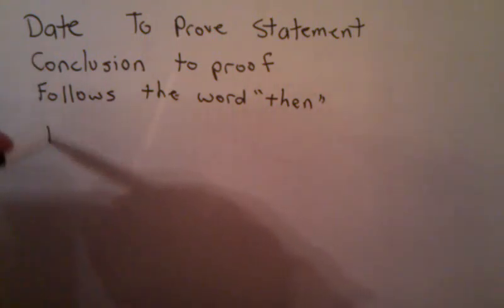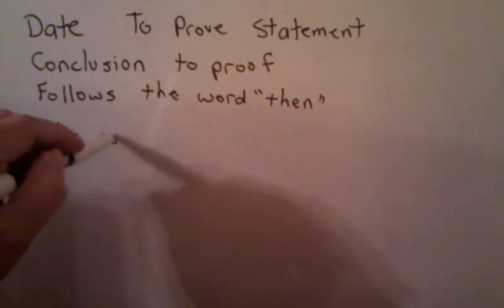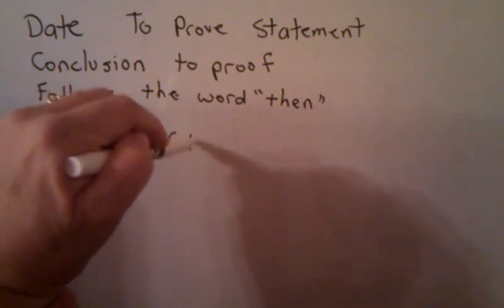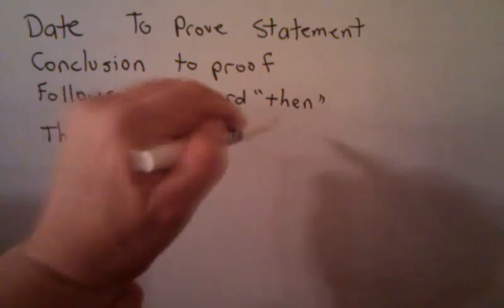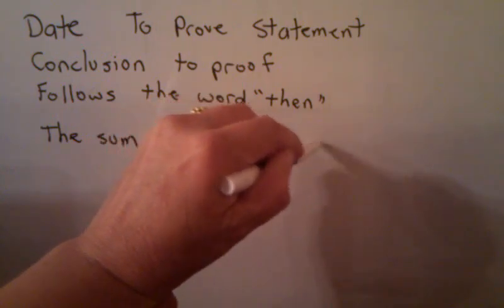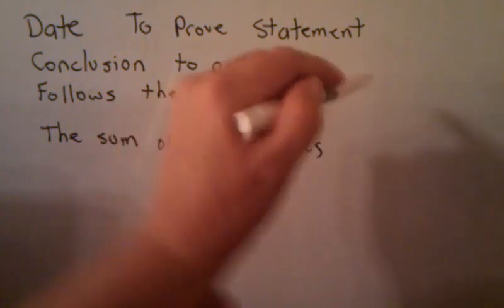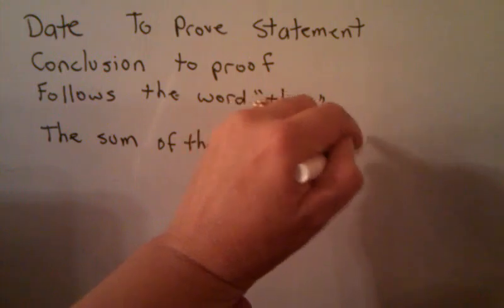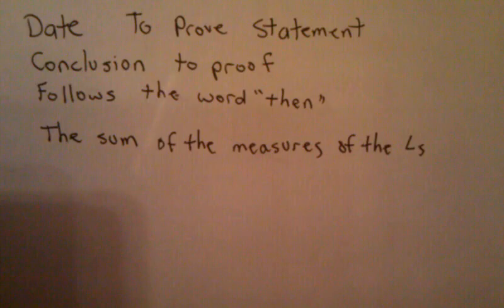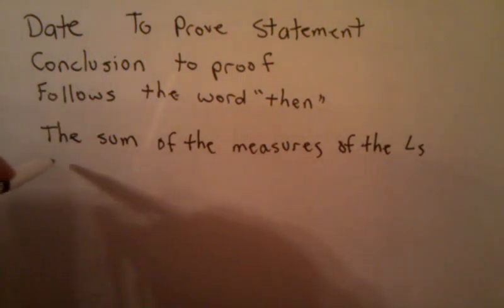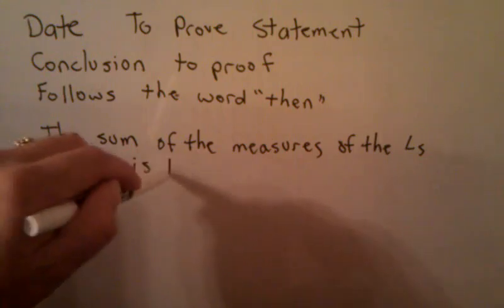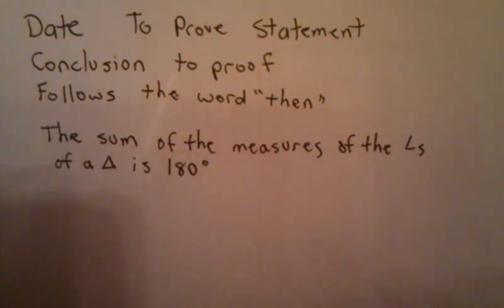The sum of the measures of the angles of a triangle is 180 degrees.